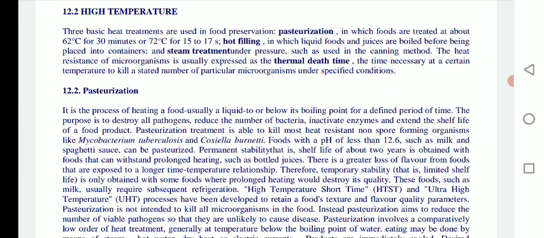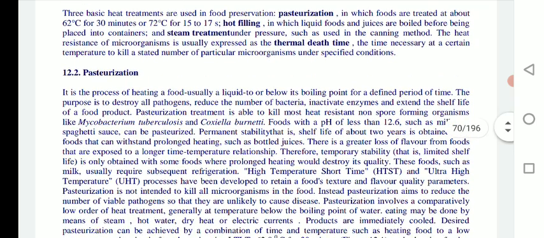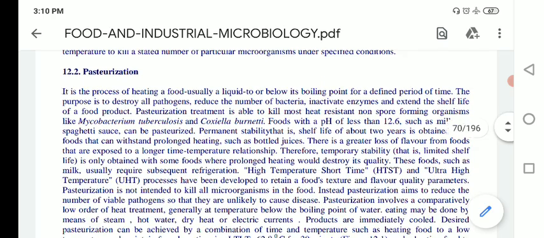Thermal dead time is the time necessary at a certain temperature to kill a stated number of a particular microorganism under specified conditions. So this is what is meant by thermal dead time.